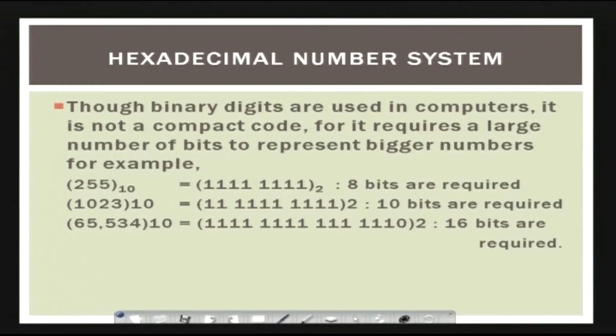In the same way, 1023 requires about 10 bits when converted to binary, and 65,534 requires about 16 bits. So, you can see that if the number is larger, the number of bits will also become many. This is where the hexadecimal number becomes very useful.